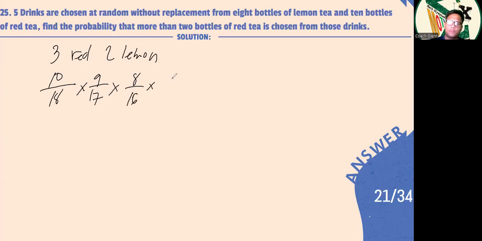And then for the lemon, we have 8 over 15 times 7 over 15. And then multiply this with 5 factorial over 3 factorial, 2 factorial. So try to solve this one.